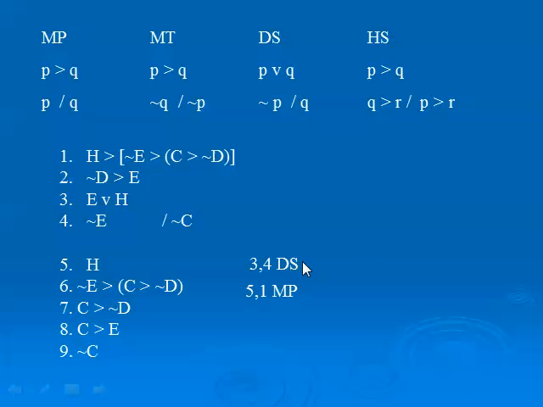First, there was the disjunctive syllogism of 3 and 4, getting H. Then 5 combined with line 1, yielded by modus ponens, the consequent of line 1. Then 4 and 6 yielded C implies not D, and this isn't the only way this proof can be done, by the way. Then 7 and 2, C implies tilde D implies E, gets you C implies E, and then modus tollens gets tilde C from 4 and 8.